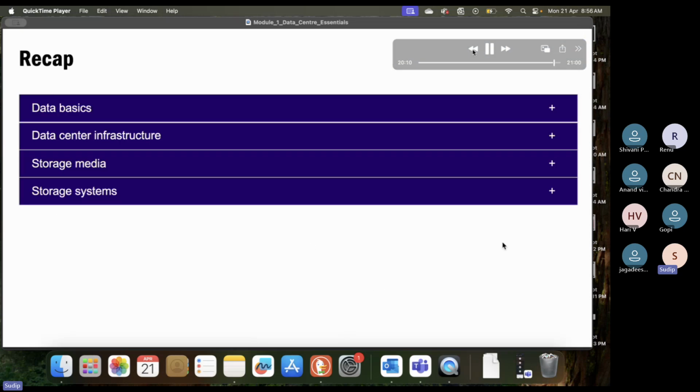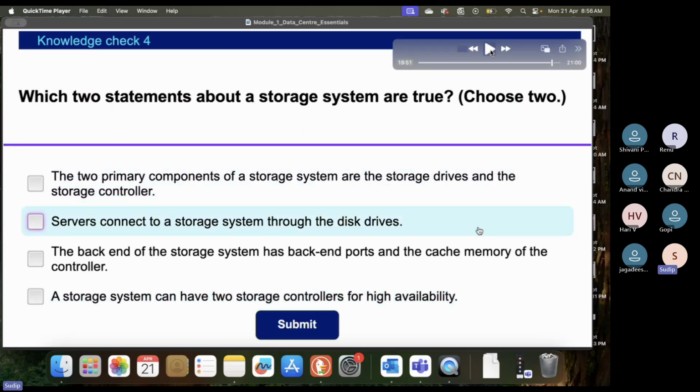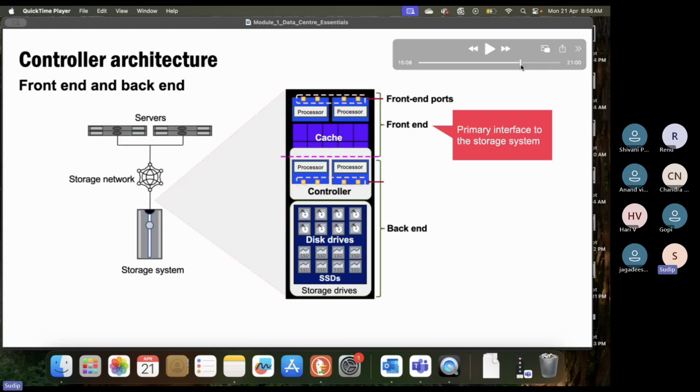Let me go back and tell you why C is not correct. Because the cache memory of the controller is not in the back end of the storage system, it's there in the front end of the storage system. If we go back to this diagram, you see here the cache is in the front end, it's not in the back end.